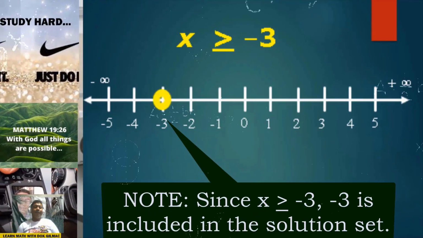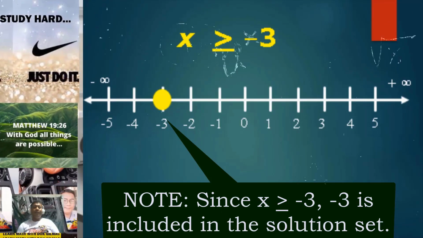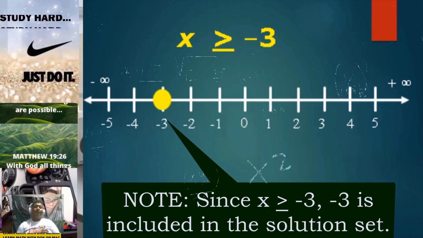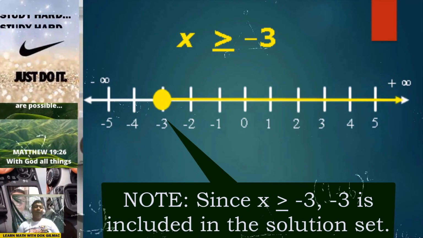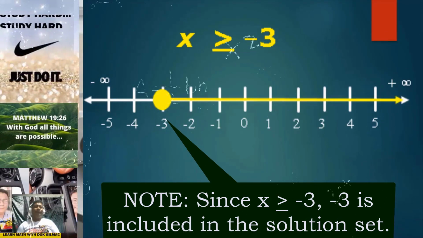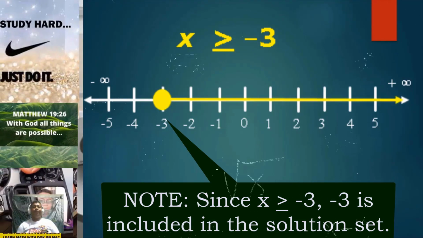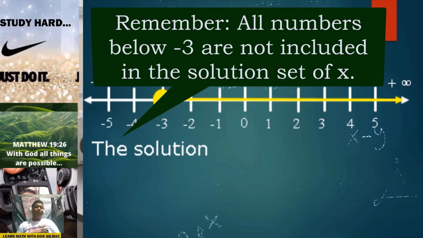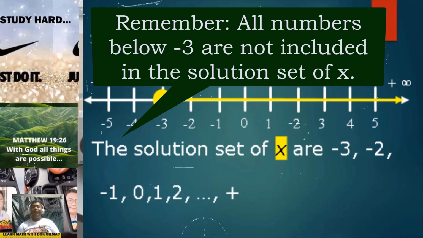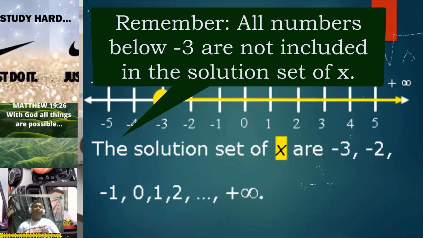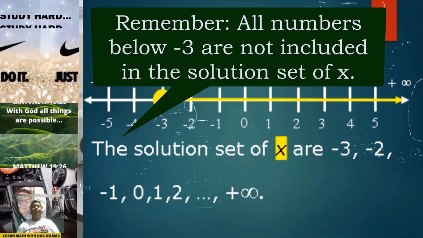As you can see, we have the closed circle here and a line segment to the right of negative 3, since x is greater than or equal to negative 3. Hence, the solution set of x are negative 3, negative 2, negative 1, 0, 1, 2, up to positive infinity.